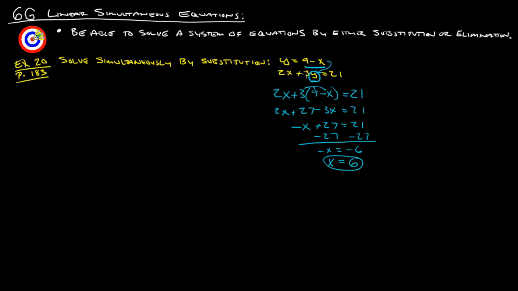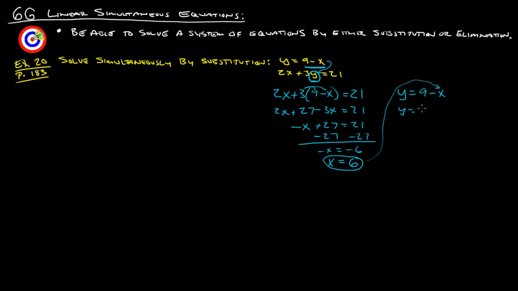Okay? So, you can plug it into either one to solve for y. I would highly suggest using this one here because look, it already says y equals. This is a much easier formula to use, so I'm going to use that one. So y equals 9 minus x. Again, now we know that this x here is 6.